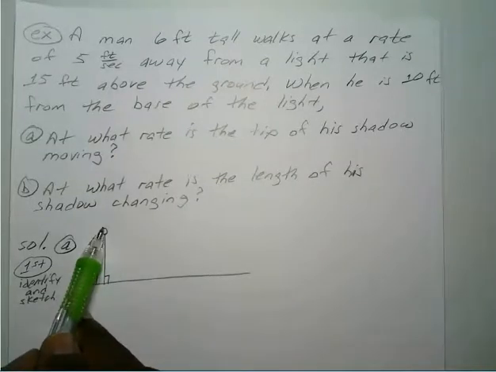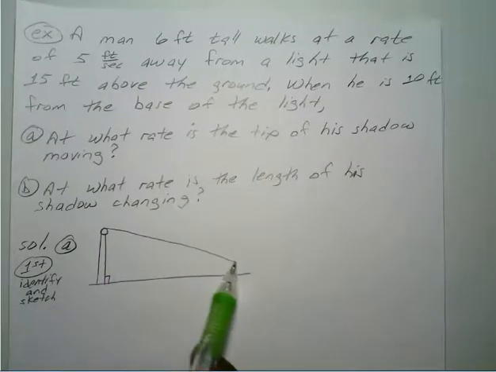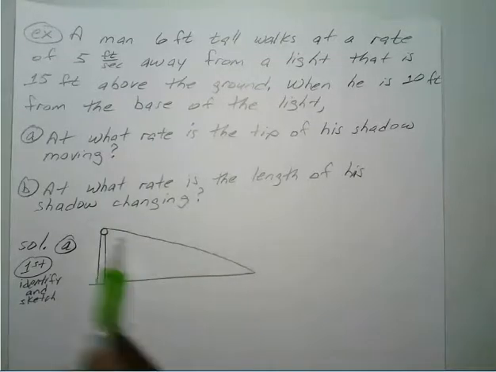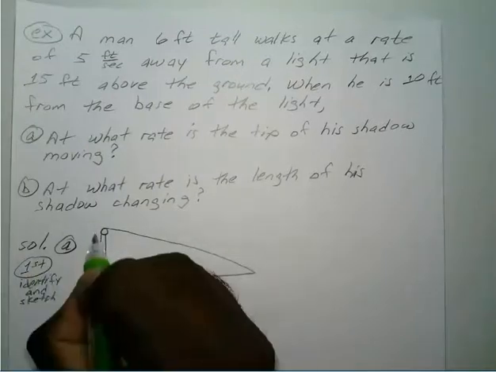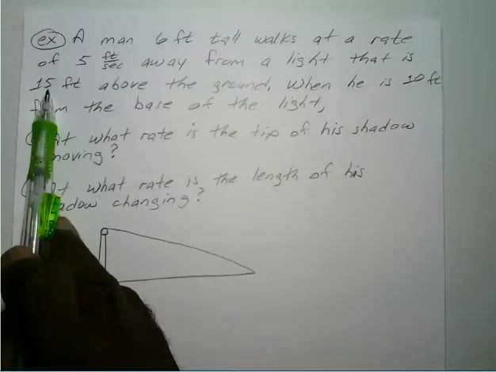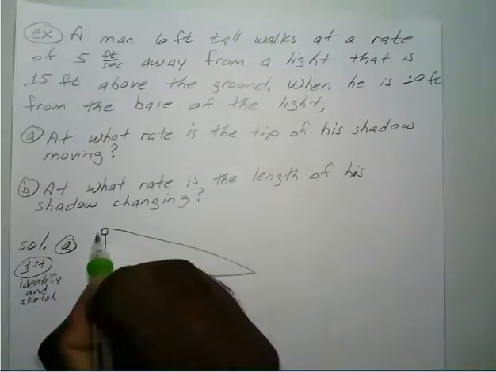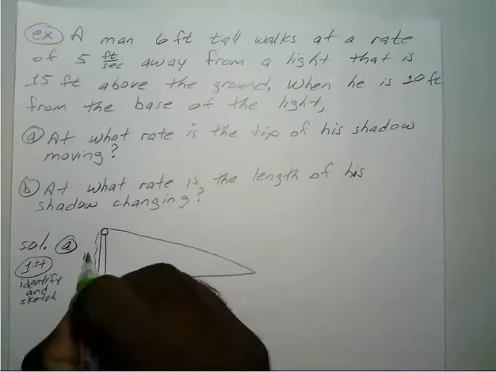And that beam of light just kind of beams there, so we know that all that's covered in the light. Okay, so we know that that light is 15 feet above the ground, so we know that this is 15 feet.